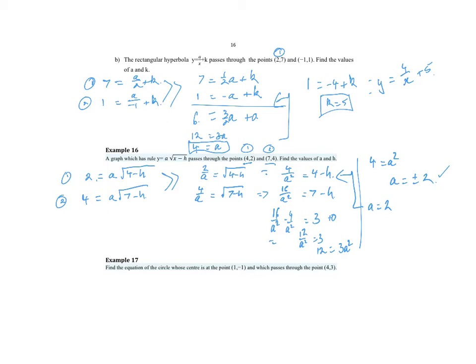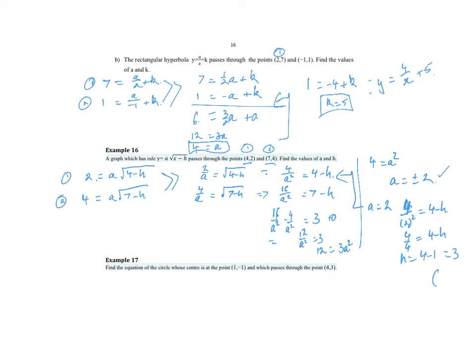If a is equal to positive 2, I will do the top one, 16... 4 over 2 squared is equal to 4 minus h. 4 over 4 is equal to 4 minus h. H is equal to 4 minus 1, which is equal to 3.